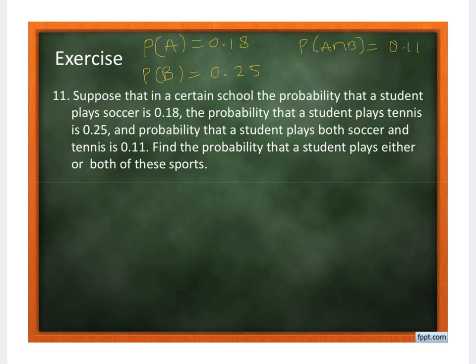So, find the probability that a student plays either or both of the sports. So they're asking for the union.